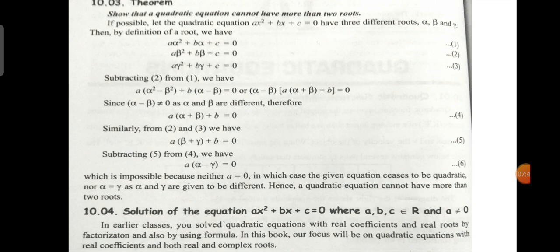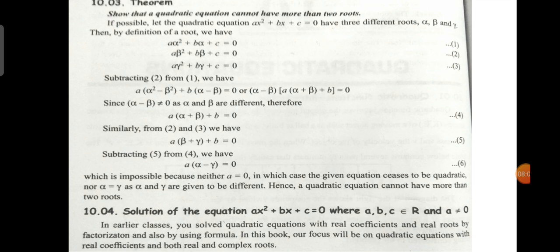a into beta plus gamma plus b equals 0, which means a into alpha minus gamma is 0, which is not possible because a is not equal to 0 by condition. And if alpha minus gamma is 0, alpha equal to gamma, that is also not possible.